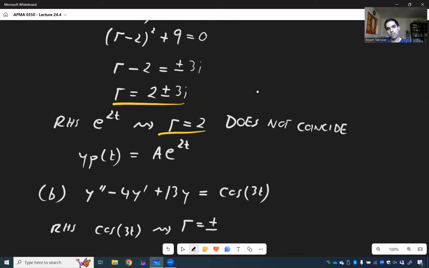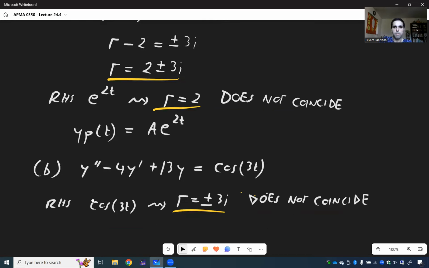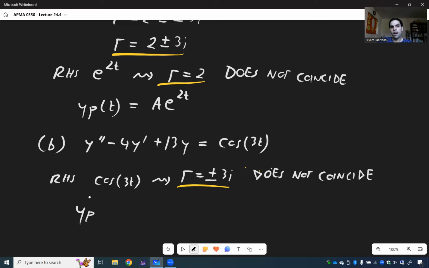It would be r is plus minus 3i, which once again does not coincide. So no resonance. And then I think you just apply rule 3 of undetermined coefficients, which says whatever goes with cosine, repeat with sine. So A cosine 3t plus B sine of 3t.